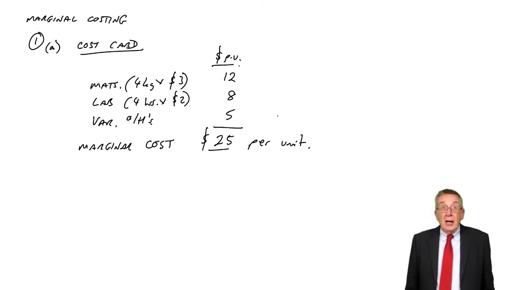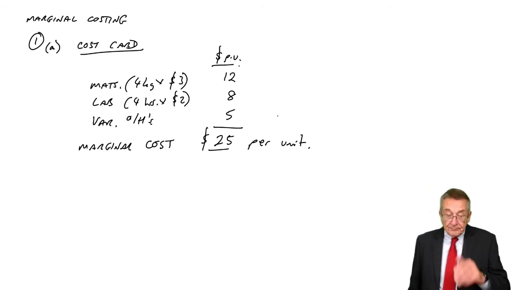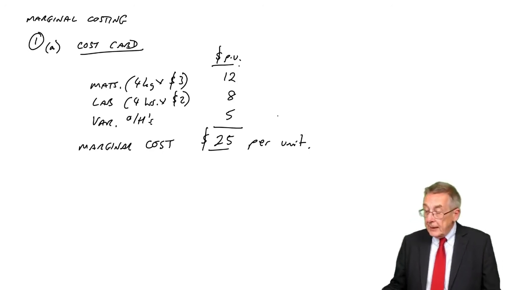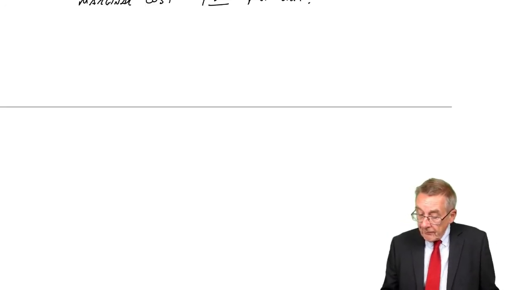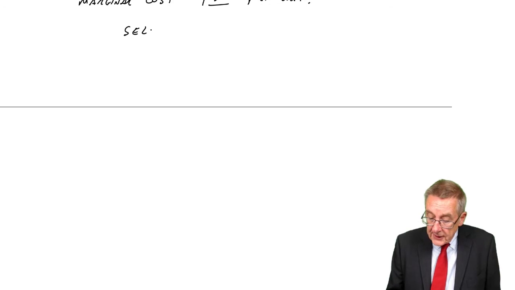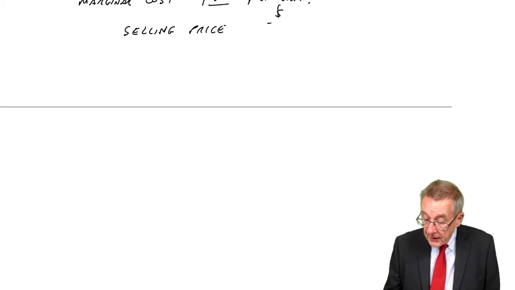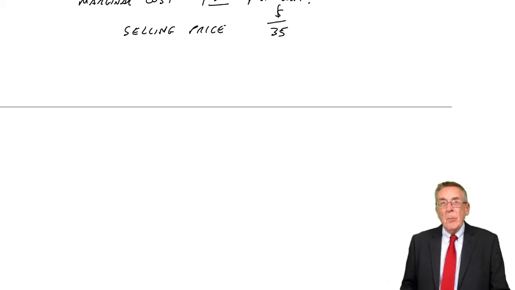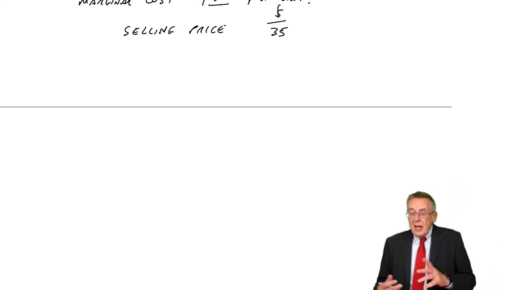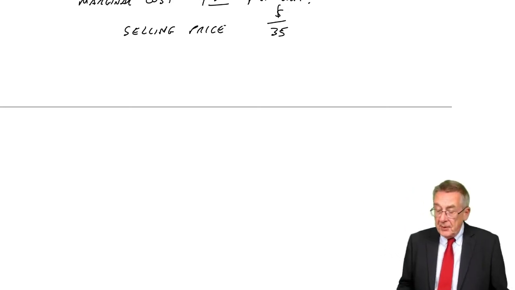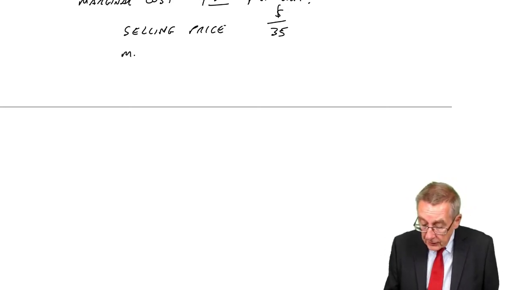Now that's the cost card, but let's go a little bit further, because we do know the selling price. It tells us the selling price is $35 per unit. We know what the variable cost of production is, the marginal cost.